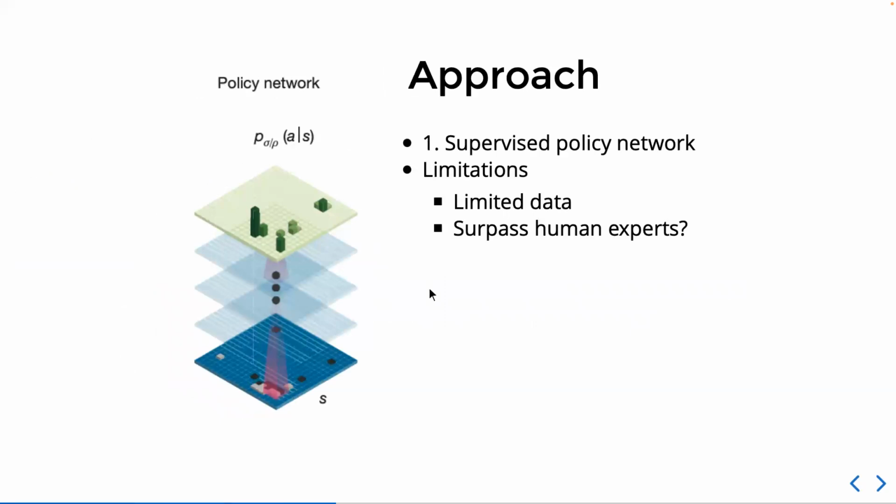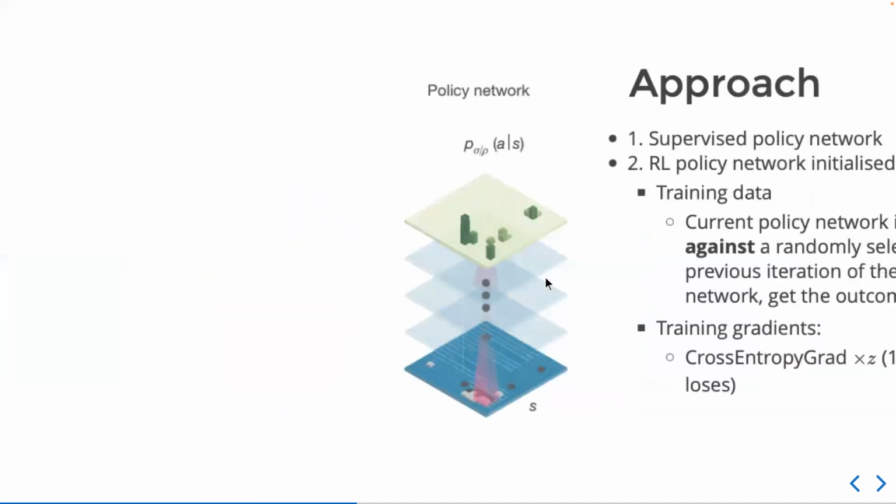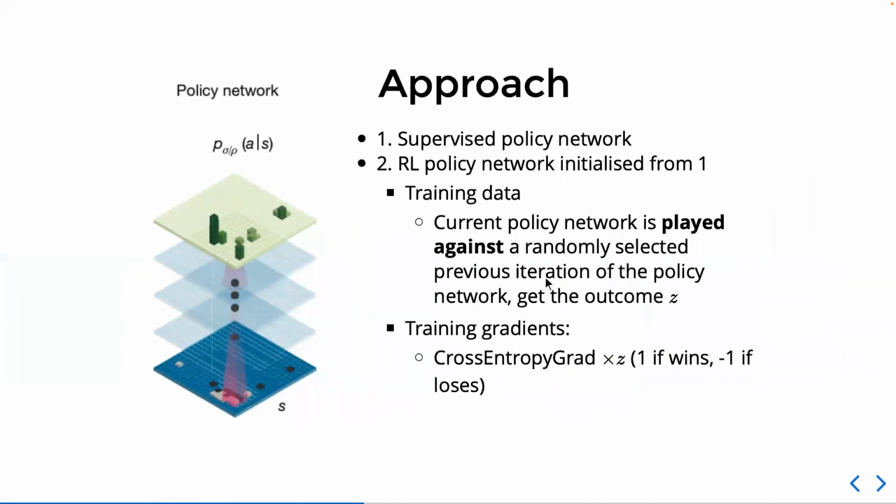But it is subject to limited data, and also our goal is to surpass human experts. So they introduce another policy network built upon the supervised version, which is initialized from the first network, but the training data comes from the current policy network playing against a randomly selected previous iteration of the policy network.